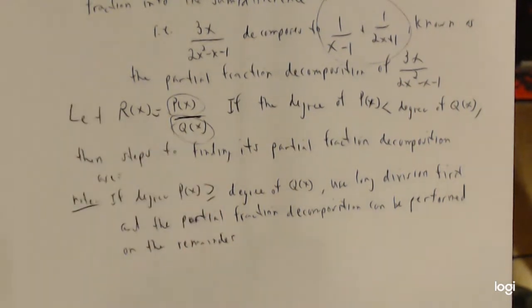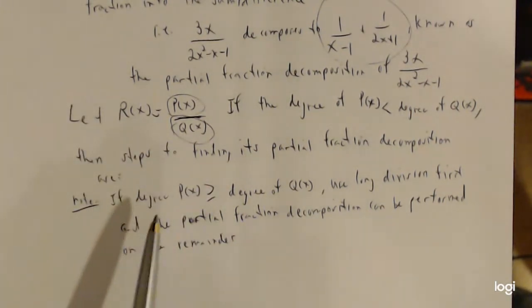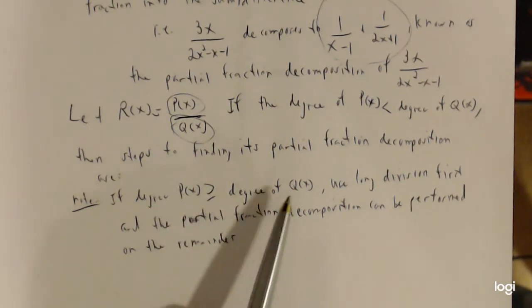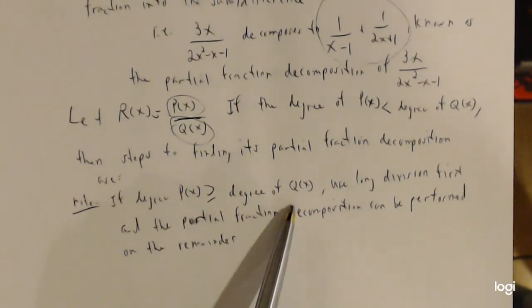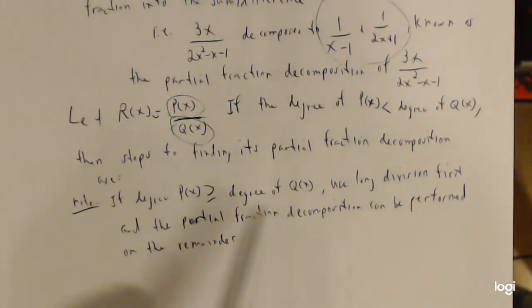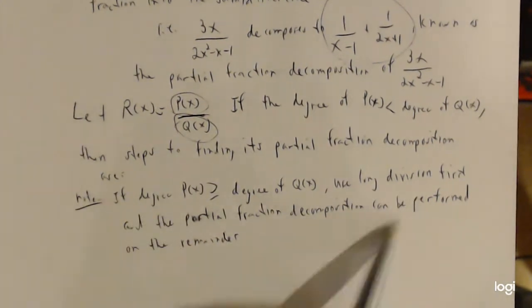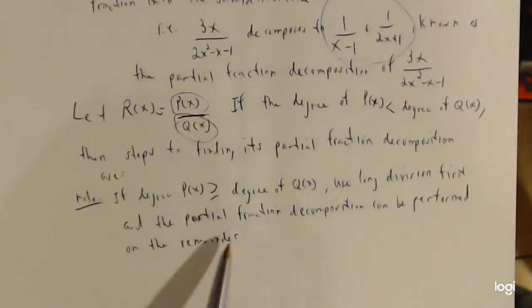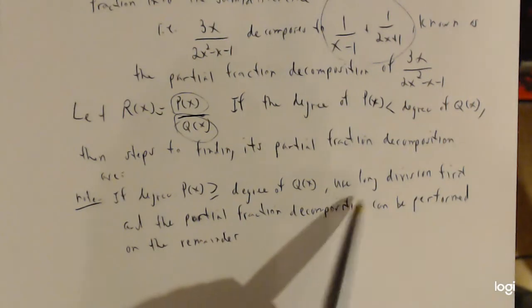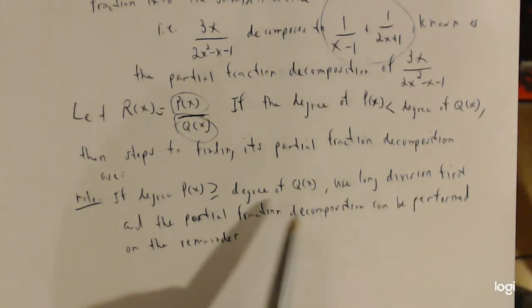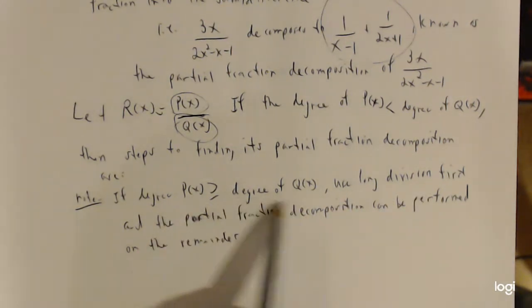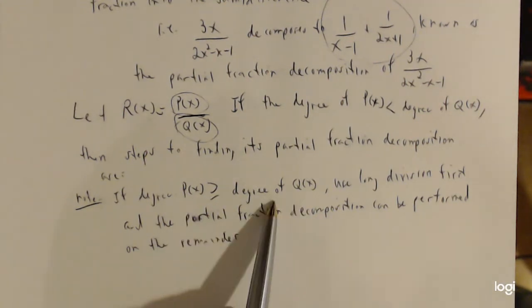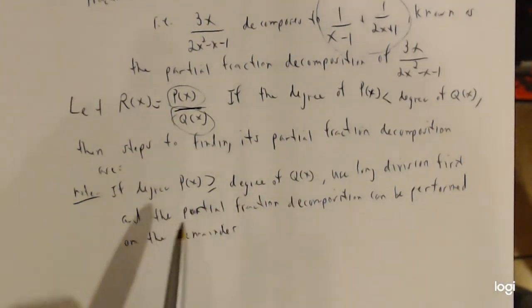What I'm basically telling you is this: if the degree of the numerator is greater than the denominator or even equal, we can't perform partial fraction decomposition yet. So more on this later, okay? We'll do an example where you'll see this case, and then we'll talk about how to go about performing the partial fraction decomposition on it if possible. And I'll show you.